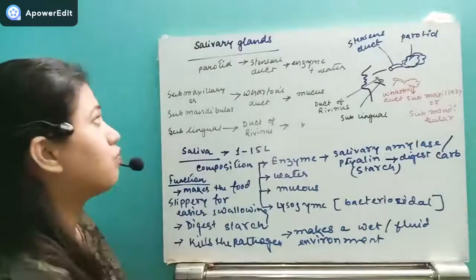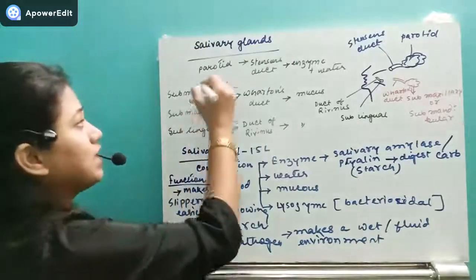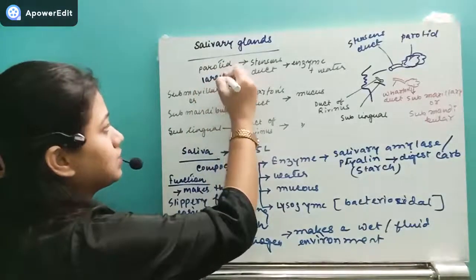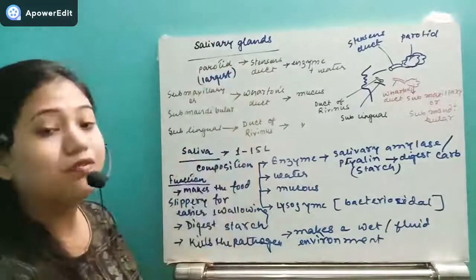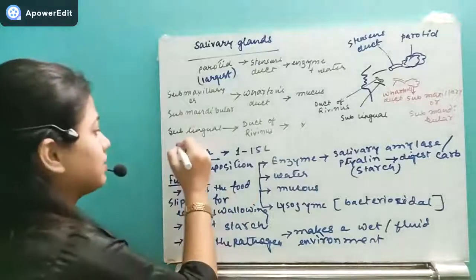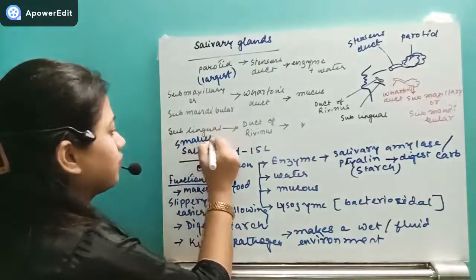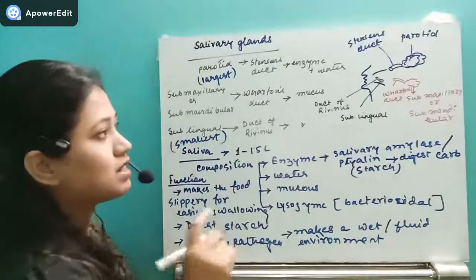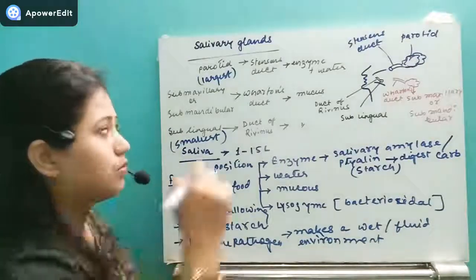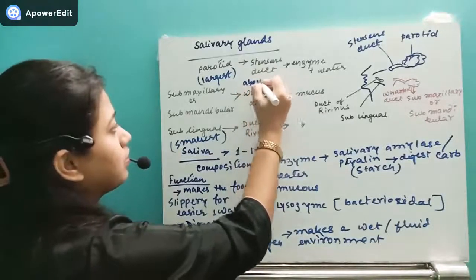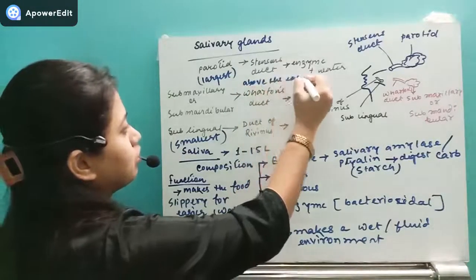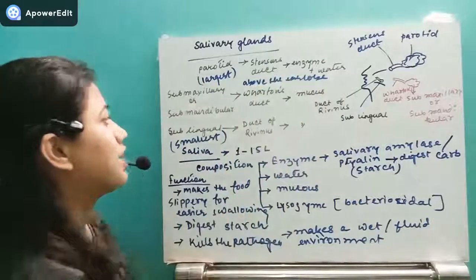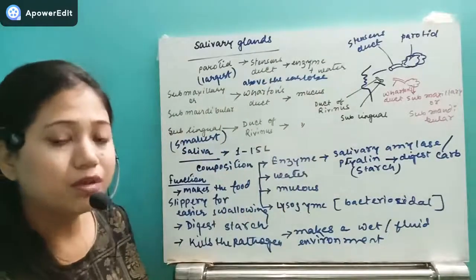One thing you need to know, what is the largest salivary gland? That is the parotid gland. This is the largest salivary gland. And what is the smallest salivary gland? This is the sublingual. What is the location? The parotid gland is present above the earlobe. Then where is the submaxillary or submandibular gland present?